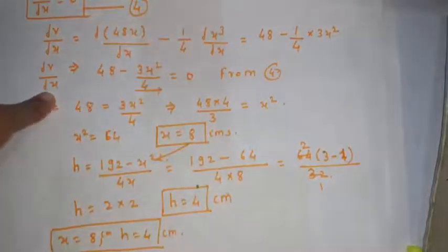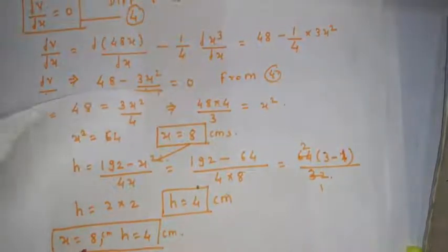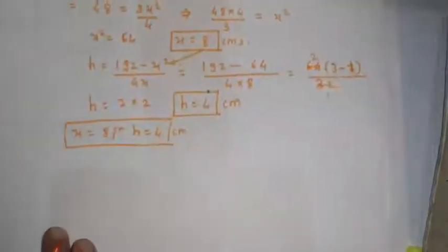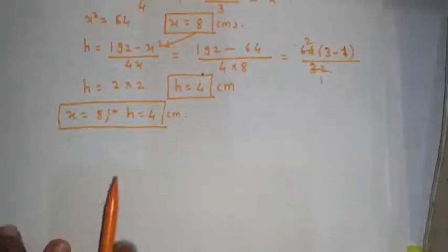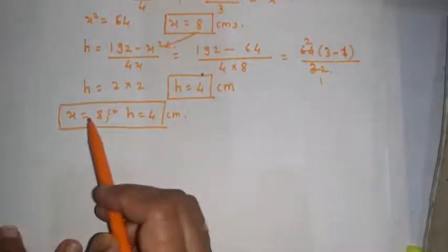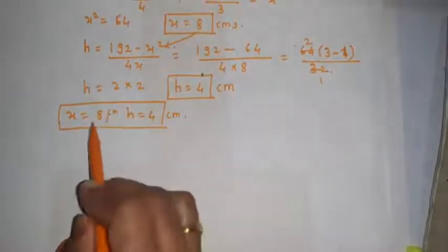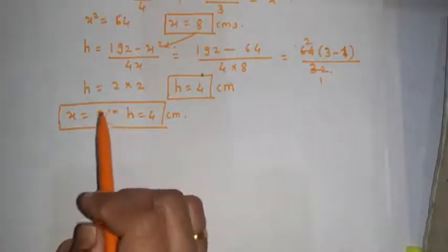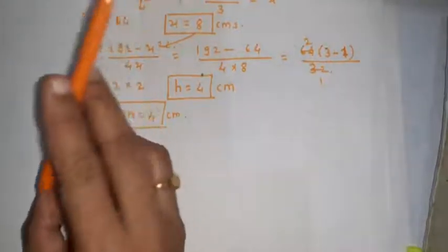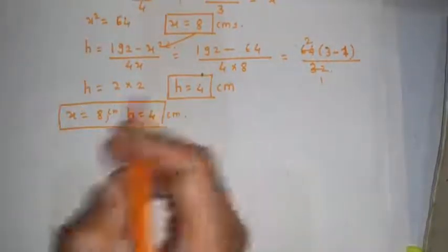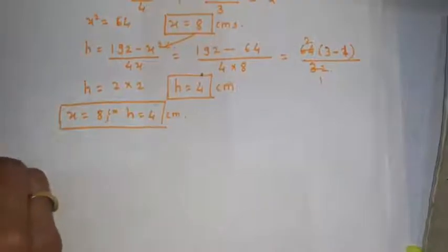So for that, now apply the second derivative test. Okay students, by applying the first derivative test, we have found out the side and height of the box. Now we have to check whether at this side and height the volume is largest or not. So apply the second derivative test.